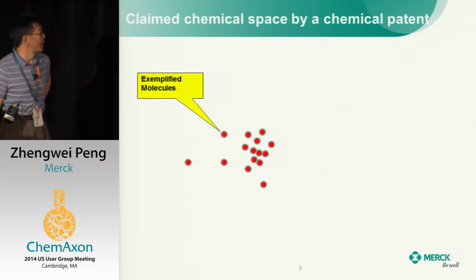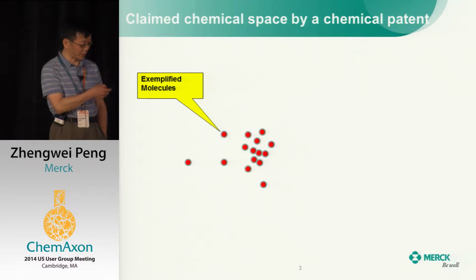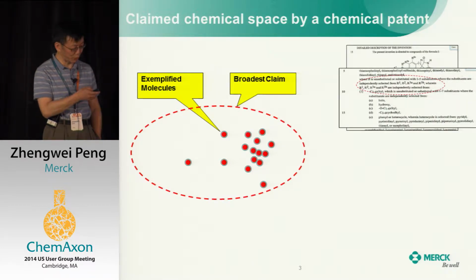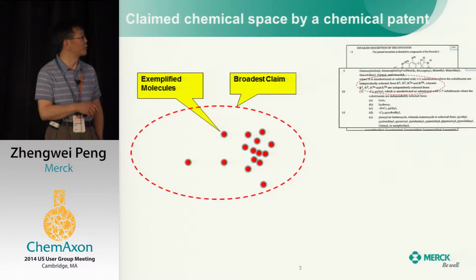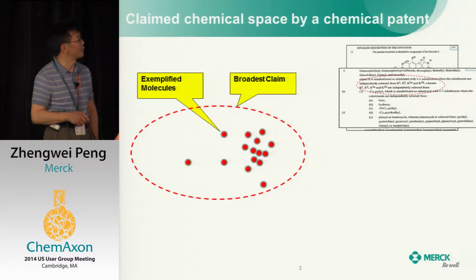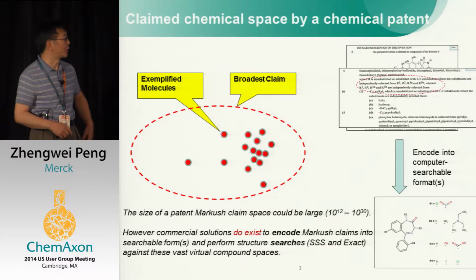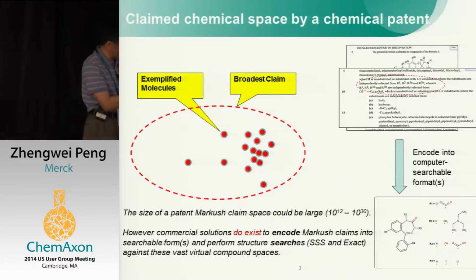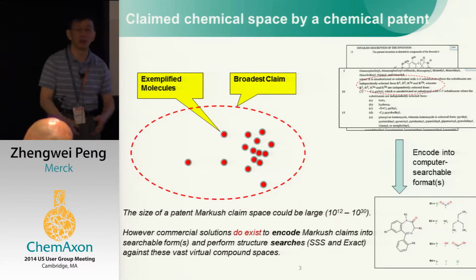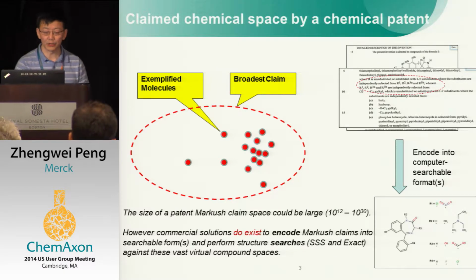So everybody knows that exemplified molecules are the molecules chemists synthesized and then claimed in the patent. Of course, the broadest claim will be represented by very complicated tree structures, as amply demonstrated by quite a few slides by the previous speaker, followed by the core and so on. Fortunately, even though the size of this space is very large, there are commercial solutions to perform searches.